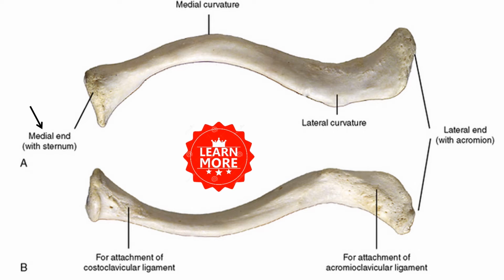Now, the medial end articulates with the sternum. It is bulky. It has more dimensions than the lateral end, and this is what makes us recognize it very easily.